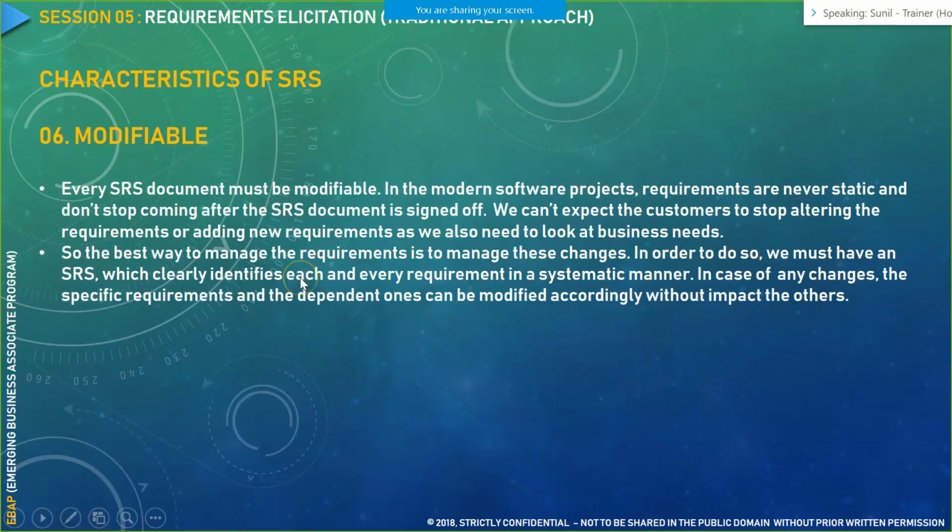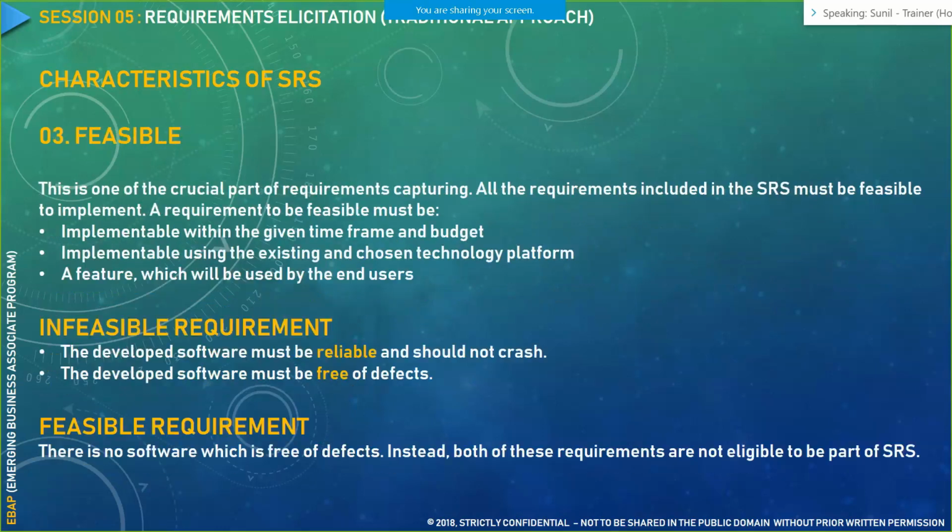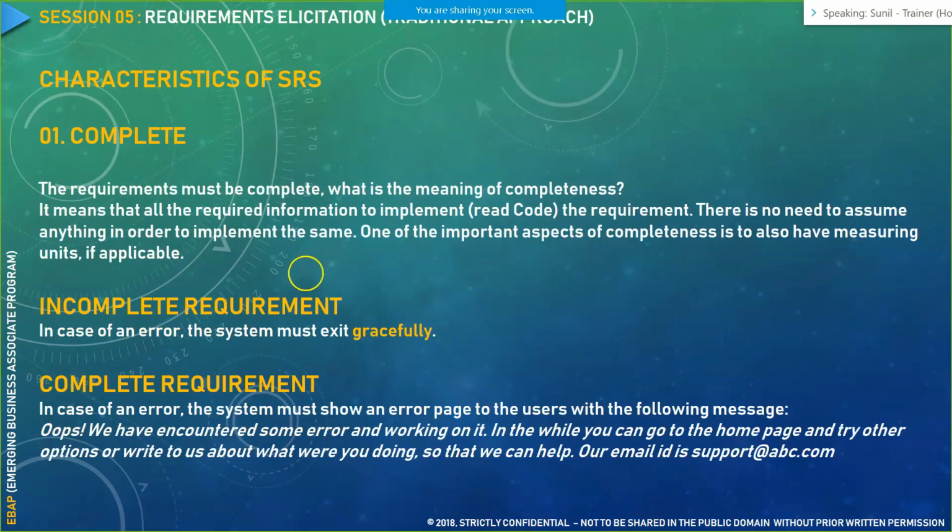Next, the requirement should be modifiable. Modifiable as in if there is a need to change that particular requirement, you should be able to modify that requirement rather than writing a new requirement altogether. So you have to write the requirement in such a context that it should be modifiable. For example, in our very first example, we took a case wherein we are getting an error.